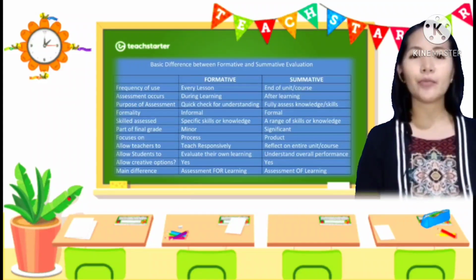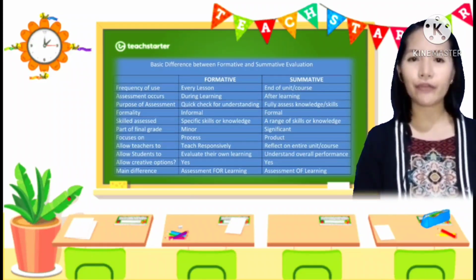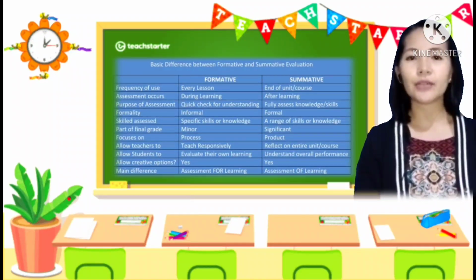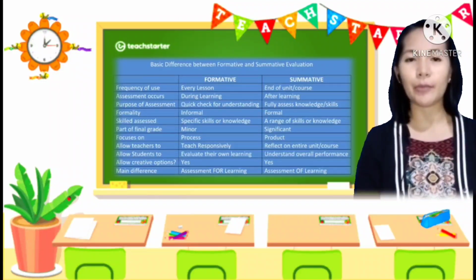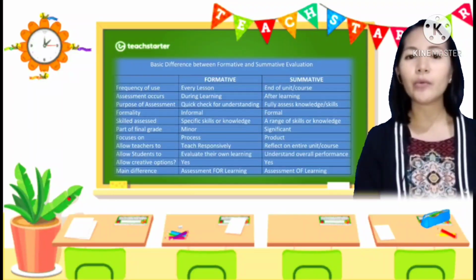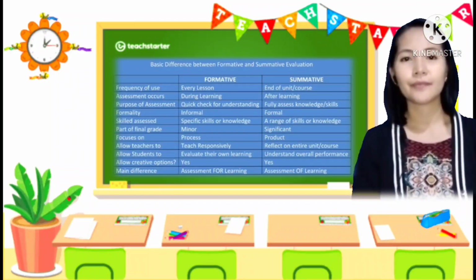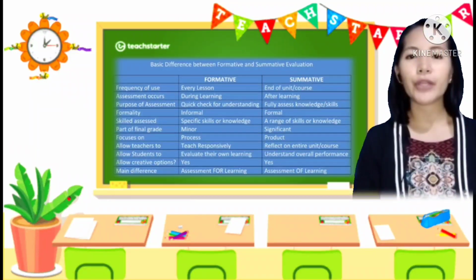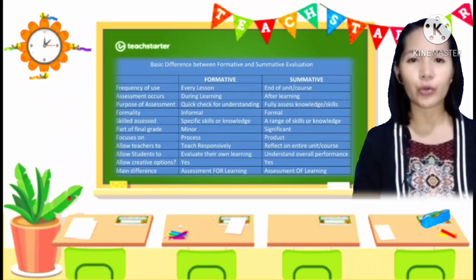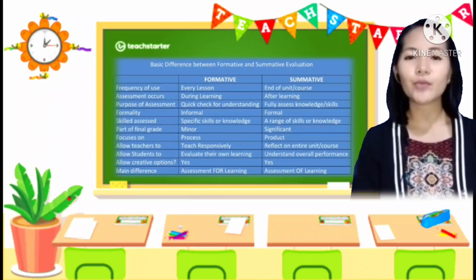I have here a table showing some basic differences between formative and summative evaluation. As you can see, there's a section for formative and summative evaluation, along with the same questions that occur in both of them. The first question is frequency of use. In formative, every lesson, and in summative, end of unit or course. The next one is when assessment occurs.